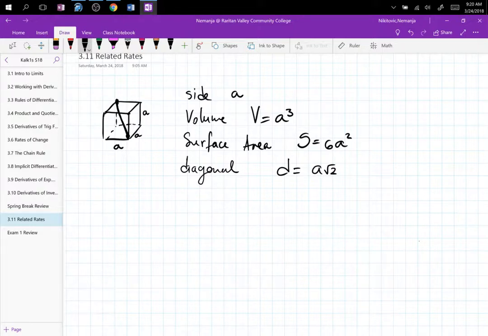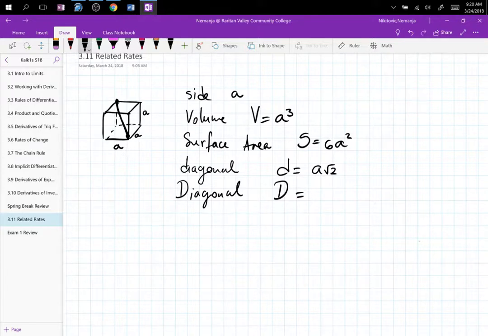So the diagonal will run through the space. That's the capital D. So this is the major diagonal, right? So you have the diagonal of each side, and then you have the major diagonal.